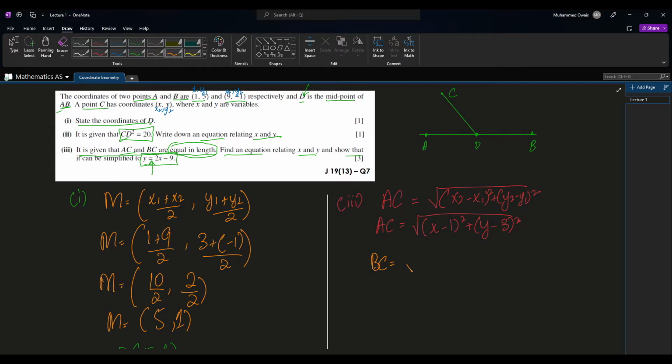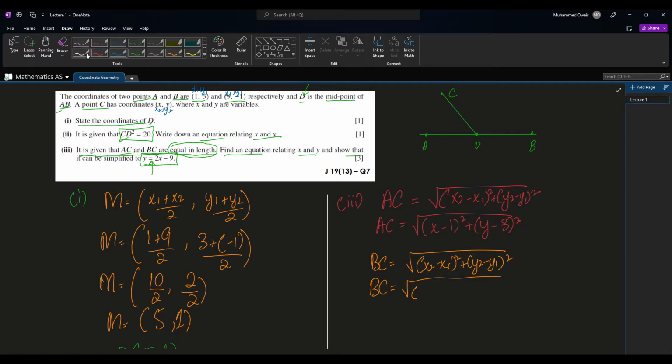BC is equal to under root x2 minus x1 squared plus y2 minus y1 squared. Let's make B as x1 and y1.